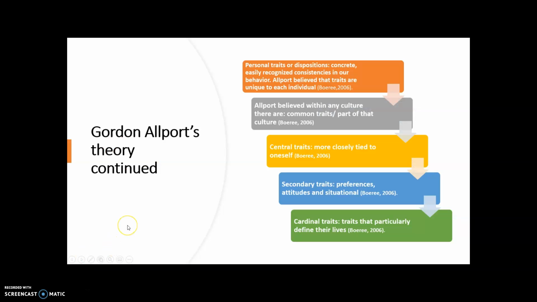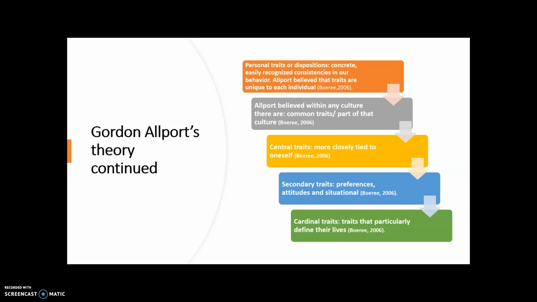Next, we have Gordon Allport's theory of traits. He believed we had personal traits or dispositions that were concrete and easily recognized consistencies in our behavior. Allport believed that traits are unique to each individual.